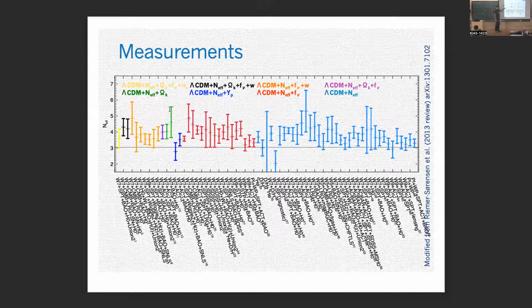Here 3 or 3 point a little bit is the standard model, and if you look here, there are huge error bars and a bit of scatter, but kind of everybody is observing large values. So that used to be a fairly strong motivation, I think, for considering dark radiation, and maybe you can still view it as an indication that maybe there's actually something to see here.